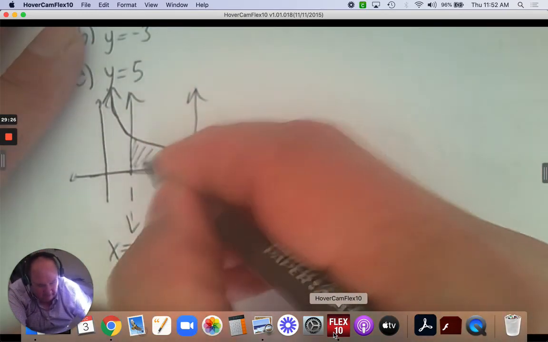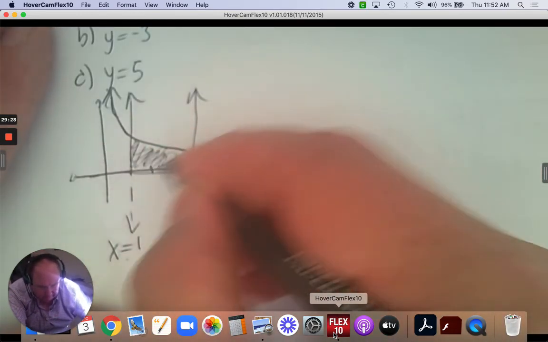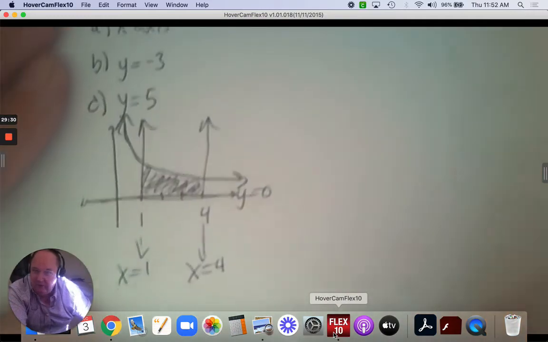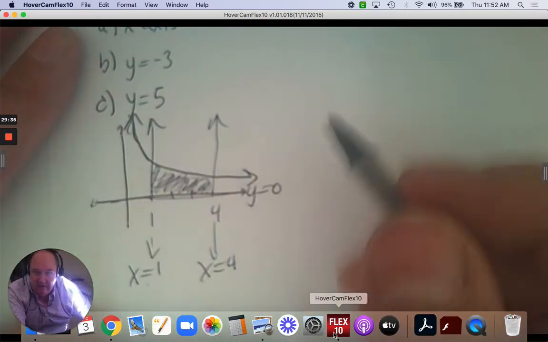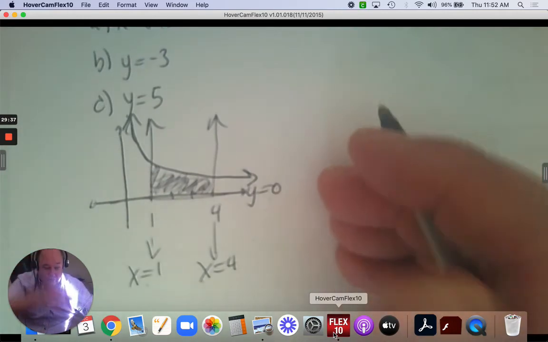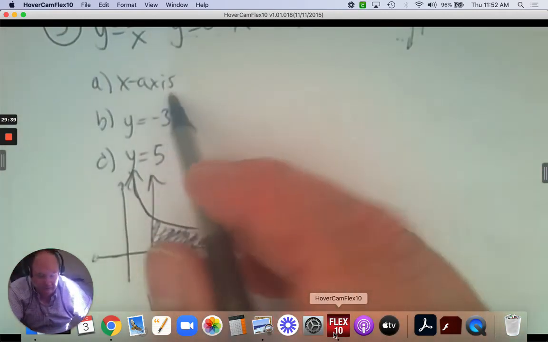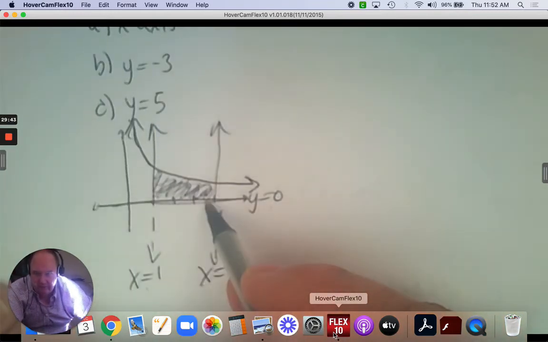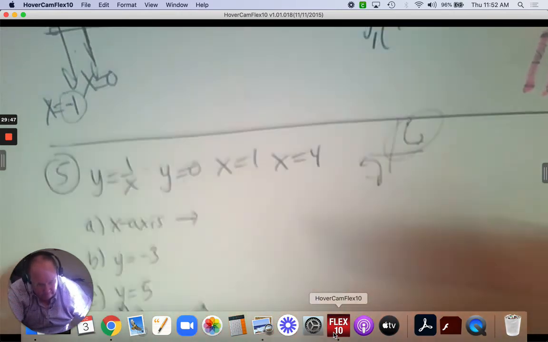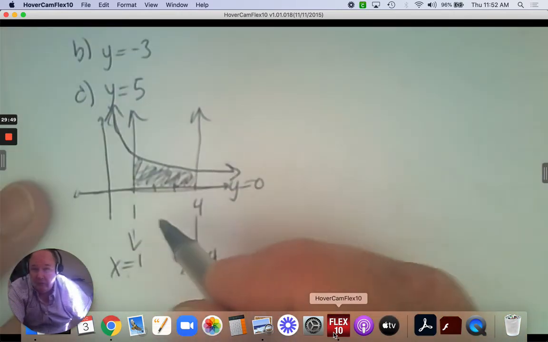Can you shade in the area that you're going to revolve? I know it's not easy. It's practice. Do you know your algebra so you can sketch it? And then shade in the area that you're going to revolve. So first we're going to revolve around the x-axis. And so I notice the area is touching the x-axis. So it's just a disk, not a washer. So one circle.